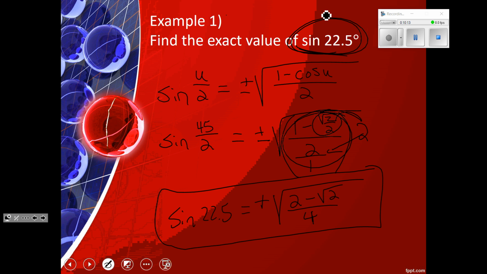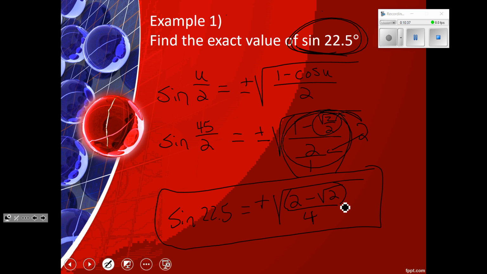Are you in degree mode? Yeah, so make sure you go to your mode and make sure you're in degrees because you're putting in 22.5 degrees. Okay? Now I want you to put in the square root, and you're going to have to put this part in parentheses.